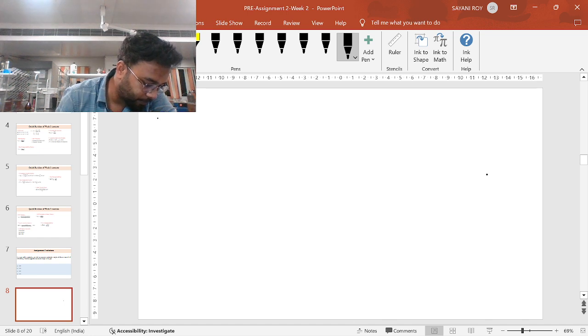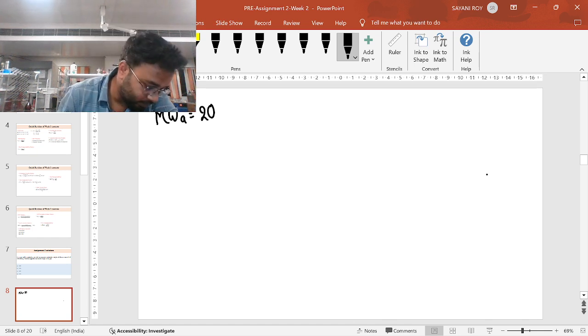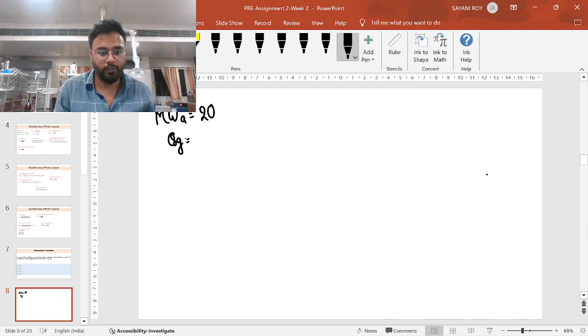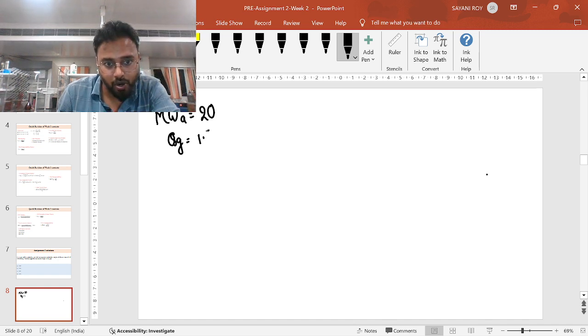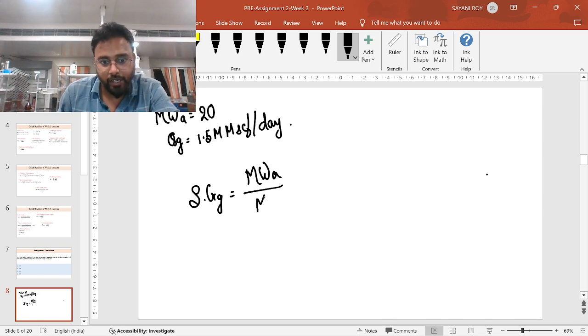So the apparent molecular weight is given as 20, and the flow rate is given as 1.5 mmscf per day. To find the specific gravity of gas, the formula is apparent molecular weight divided by the molecular weight of air.